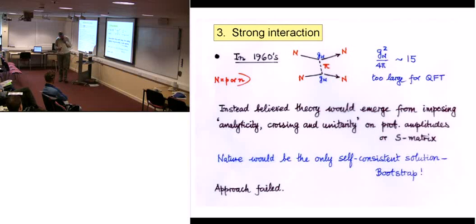And in those days, the only quantum field theory we had was QED, and that was thought to be anomalous. It was thought that this would emerge from using sophisticated kinematics, in other words, analyticity, crossing, and unitarity on the probability amplitudes or the S matrix.